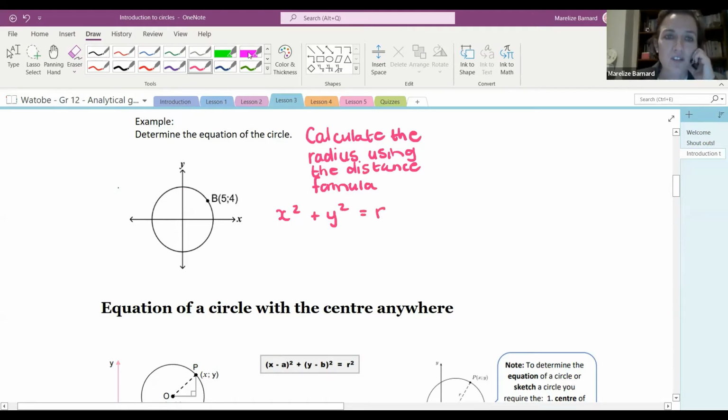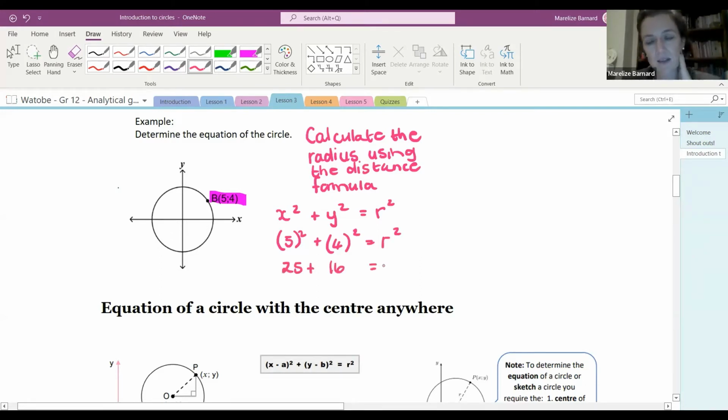So for this circle, the point is 5 and 4, and we can substitute those in. x is 5, and y is 4, and that gives me r squared. So that gives me 25 plus 16 is r squared.